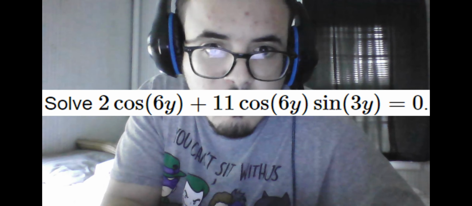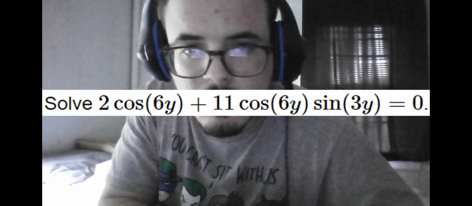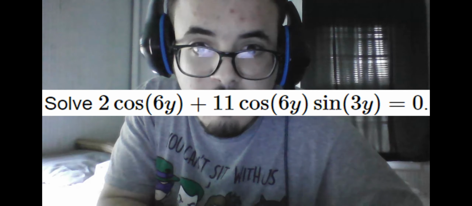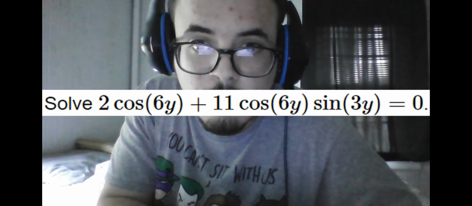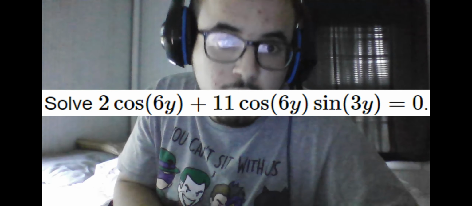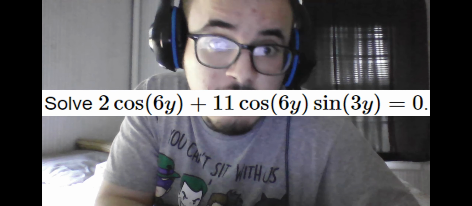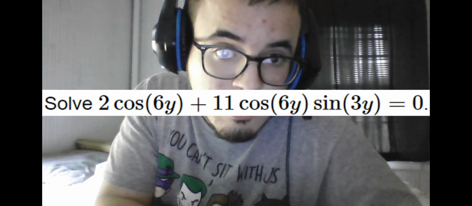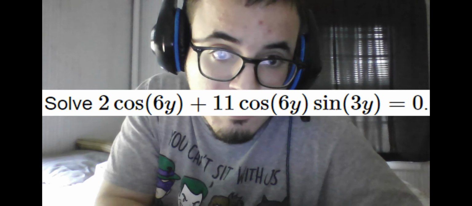Case in point, if we were told 2 times the cosine of 6 times y plus 11 times the cosine of 6 times y times the sine of 3 times y all equals 0, we see that the tricks we have been relying on so far will not work. But what we can see is, if the product is 0, then this means either of the factors must also be 0.